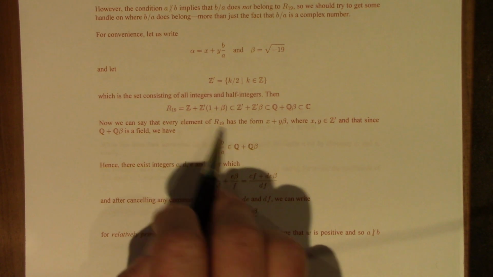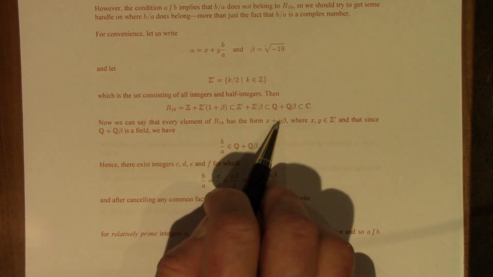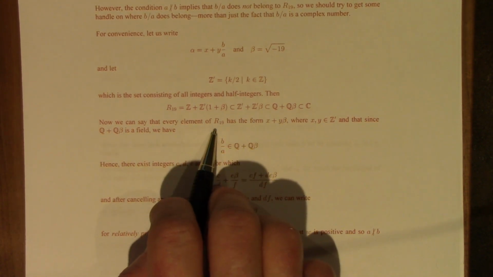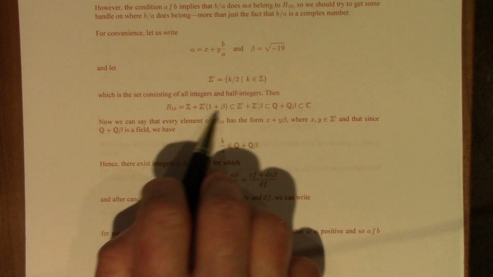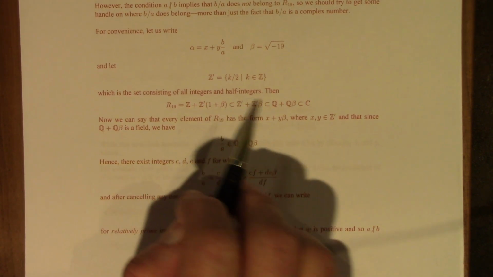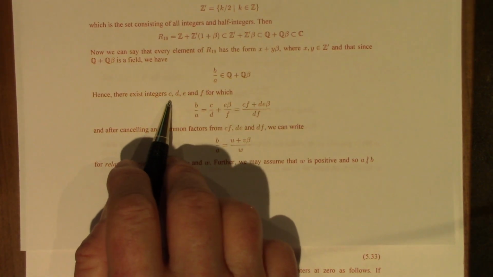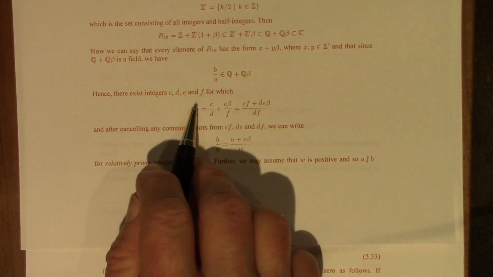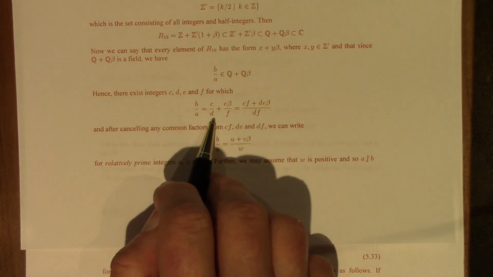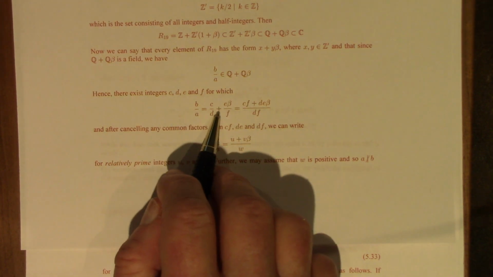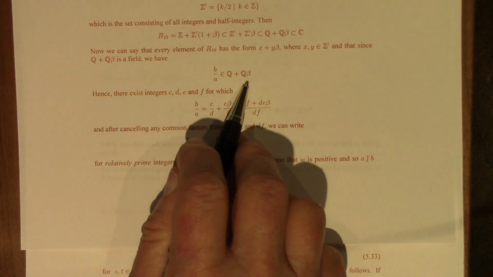Every element of R19 has this form. Not every element of this form belongs to R19, because this is a strict inclusion, and that's okay. So there exist integers c, d, e, and f, for which b over a is c over d, a rational number, plus e over f beta.